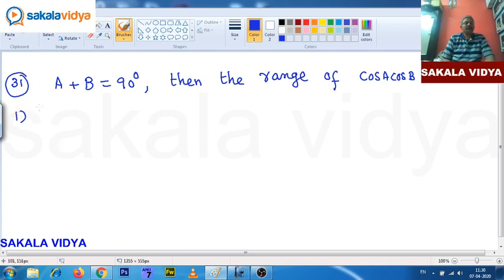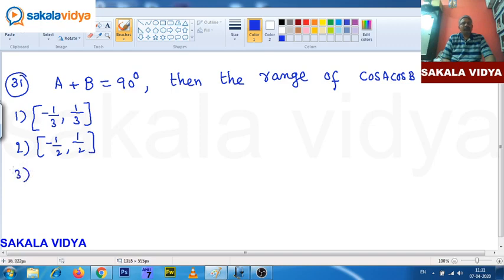So first option we have minus 1 by 3 comma 1 by 3. Second option we have minus 1 by 2 comma 1 by 2. Third option we have minus 1 by 4 comma 1 by 4. Fourth option we have minus 3 by 4 comma 3 by 4.